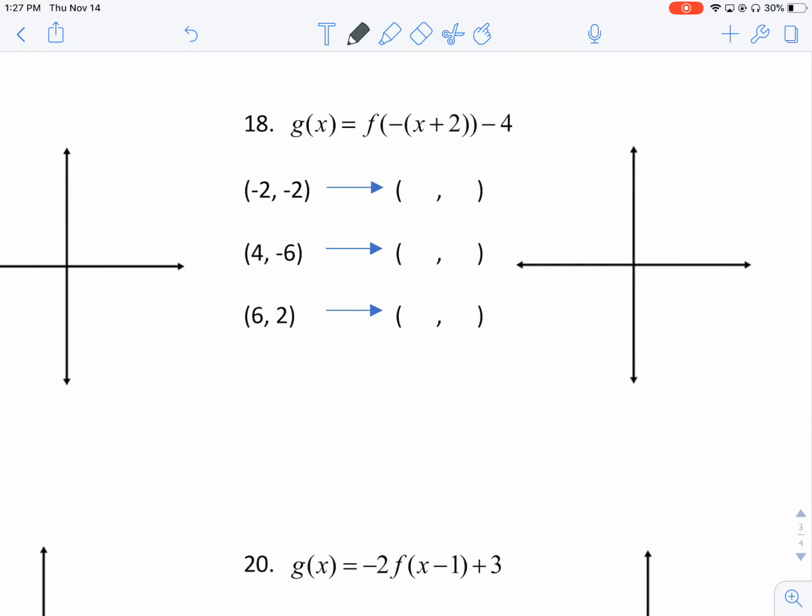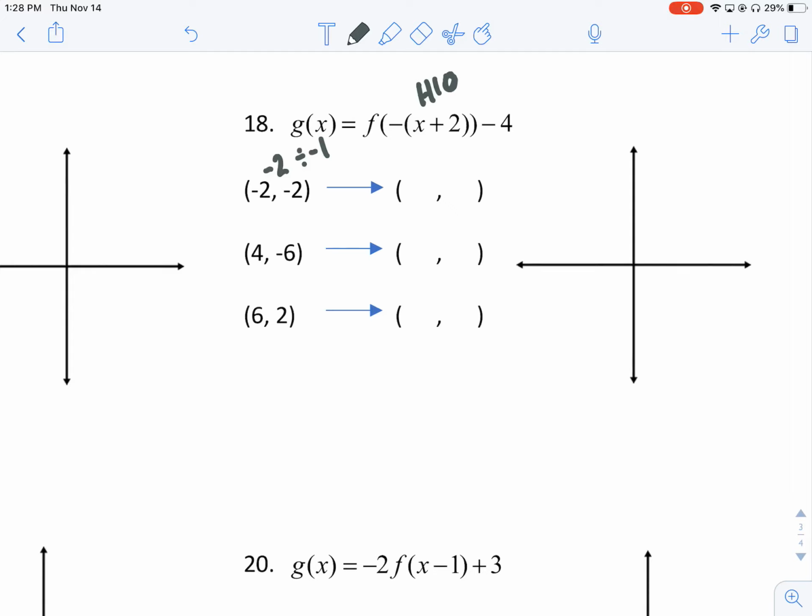18, we have a couple things going on here. We have a negative, and we have a plus 2 on the x. So that's the HIO stuff. We're going to do our pluses and minuses first, kind of like reverse PEMDAS. So if it's plus 2, it's actually minus 2. And then I'm going to divide it by negative 1, which I know is the same as times, but I'm being very thorough.